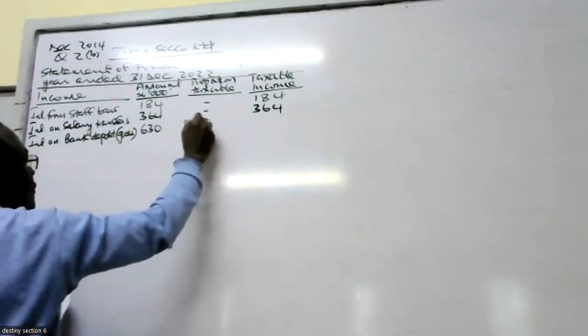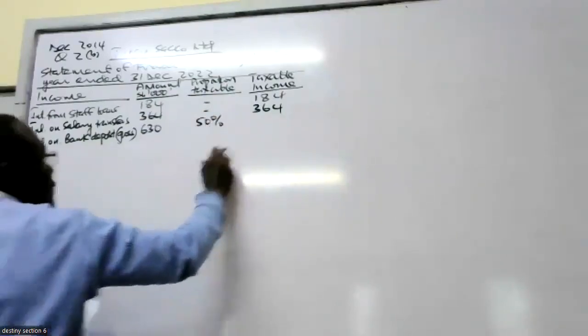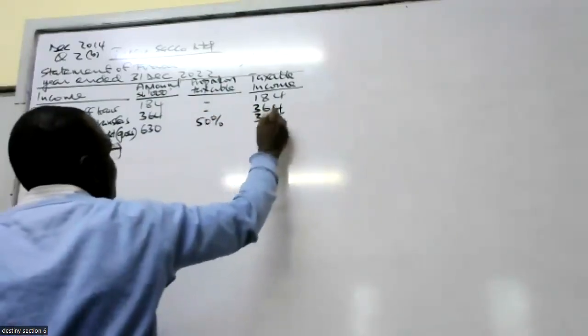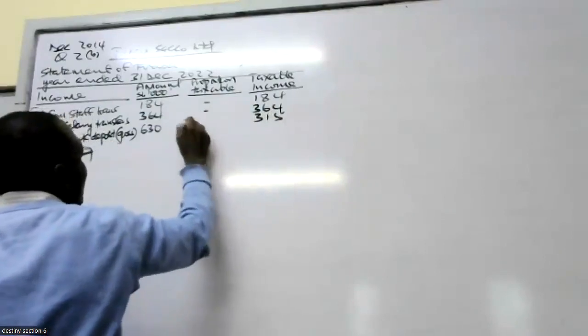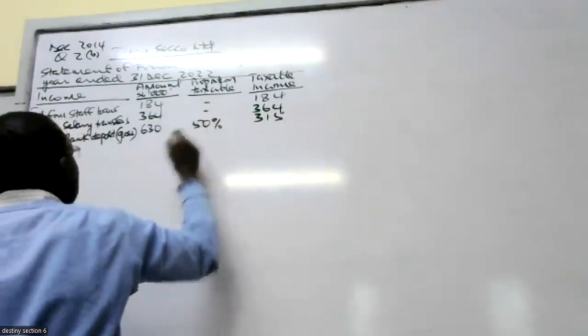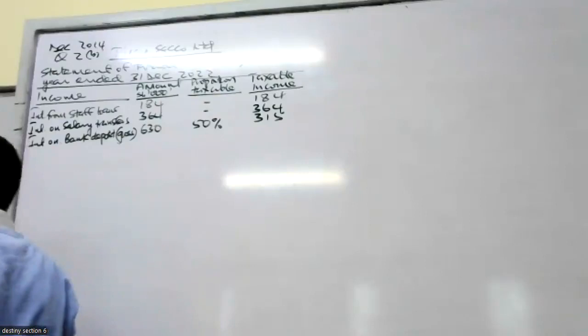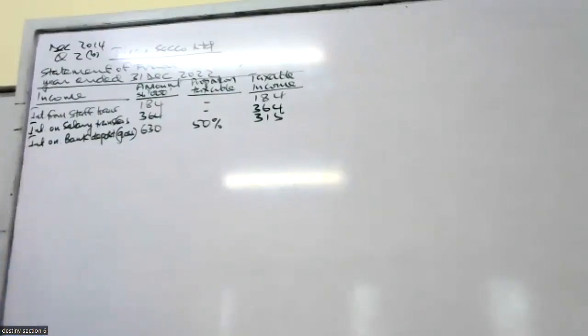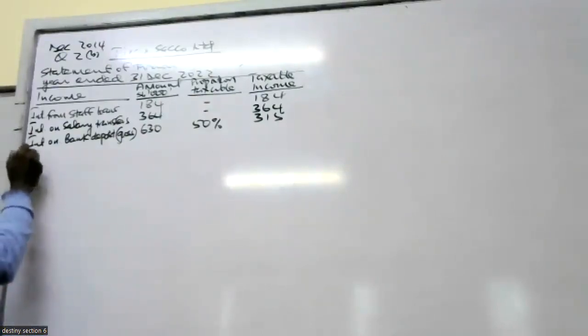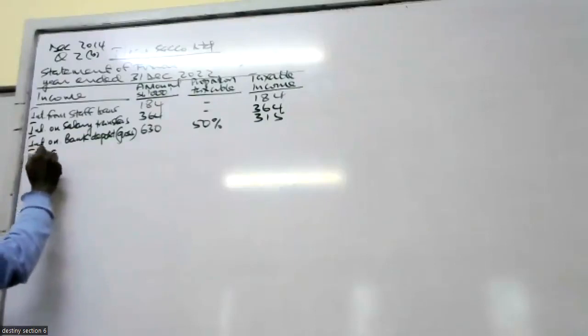And this one you need 50%. So 50% should be 315. So that's the proportion for interest on bank deposits. Then you have interest on ATM withdrawals, we shall treat as other income. So interest from ATM.